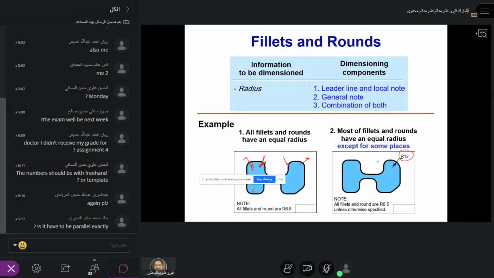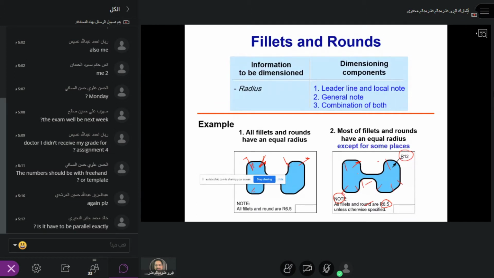It's easy to make. So they will know all the radii are 6.5. Don't put this everywhere, or the drawing will become a mess. If all the radii are the same, just put your note: all the fillets radius are R6.5.